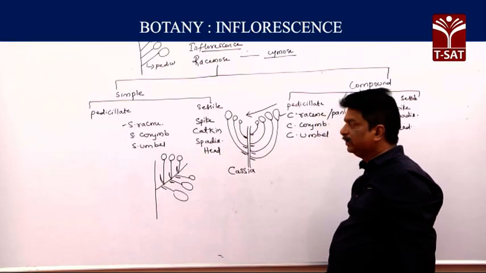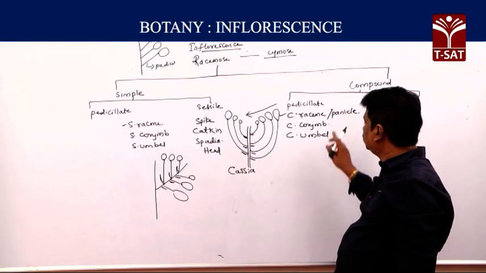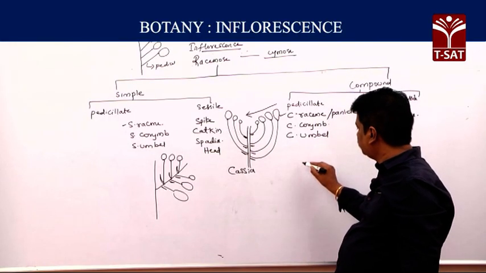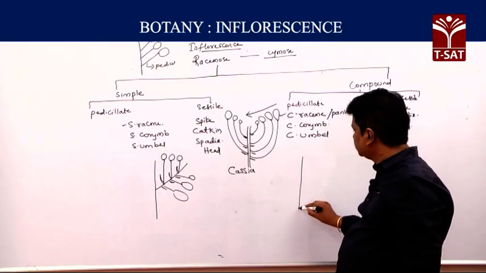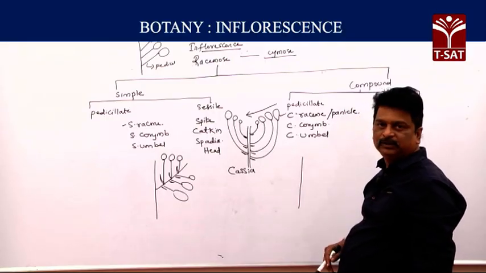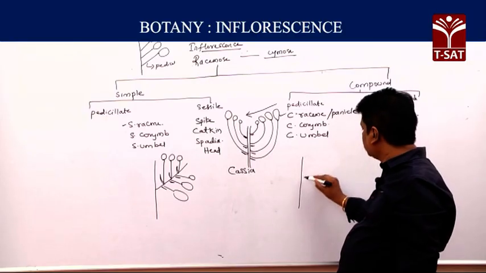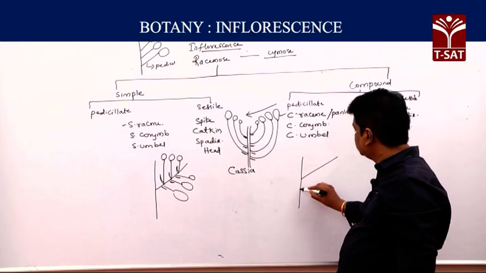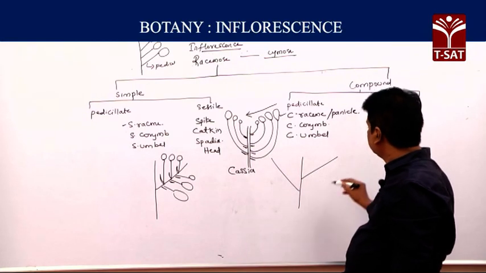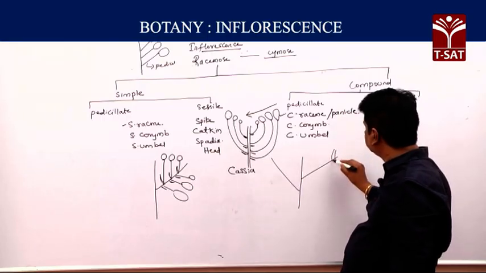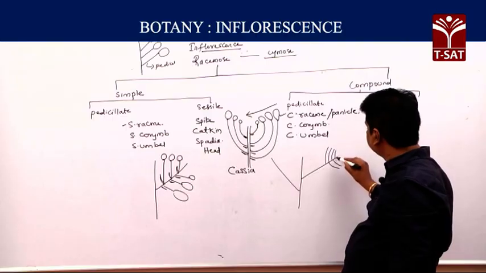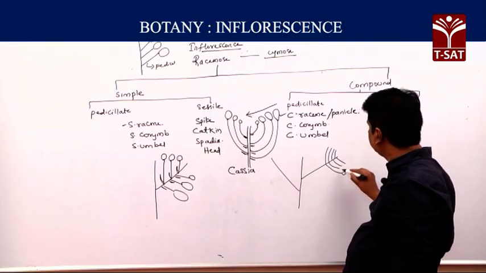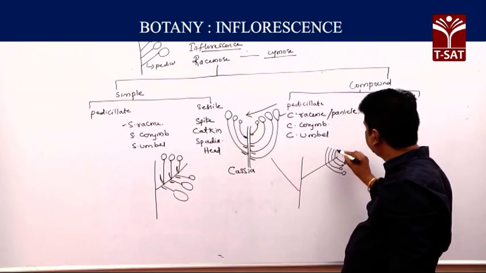Then the next one is compound corymb. Same as simple corymb, only one difference compared to simple corymb. Compound means the peduncle is branched. In compound corymb, the peduncle is branched, the branches produce several flowers, and all flowers are brought to the same height.